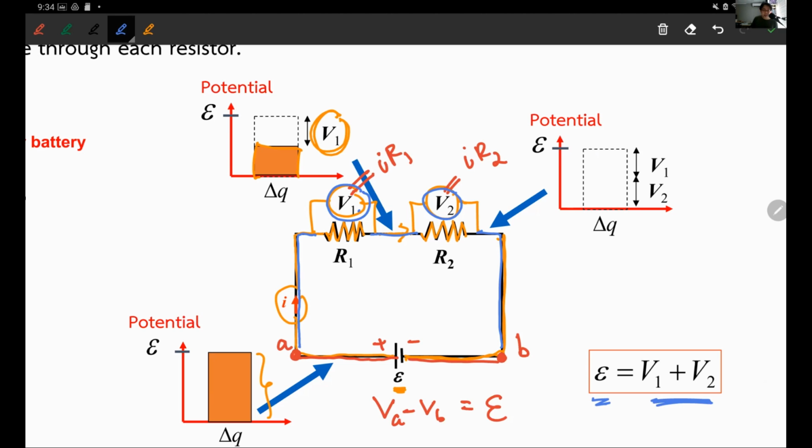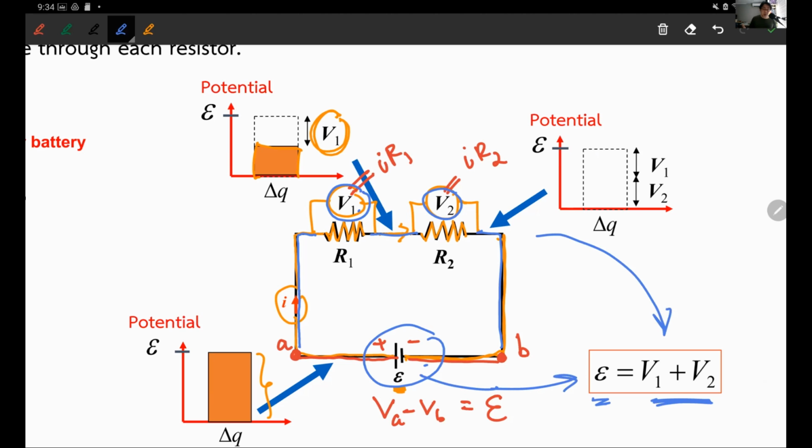All right. So that means by knowing this, this is how we can start to analyze circuits. By looking at two points from A to B, you can figure out the potential difference across A and B. In this case, you can do it in two ways. You can follow the bottom half of this circuit and say, oh, it's simple. It's just E. Or you can look at the upper half and it's just, oh, Ajahn, it's just V1 plus V2.